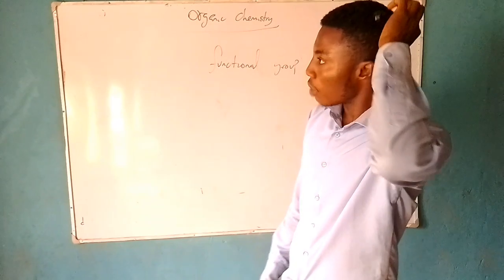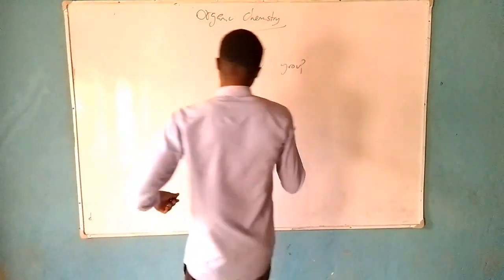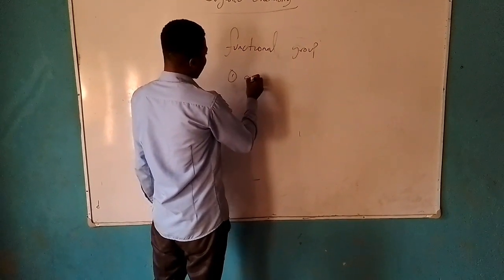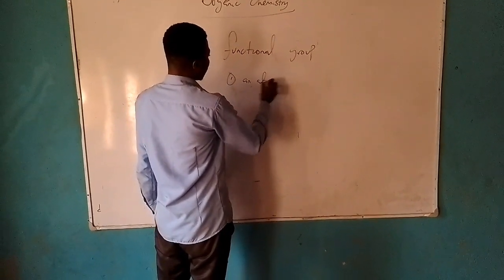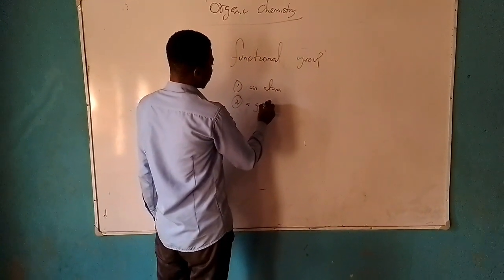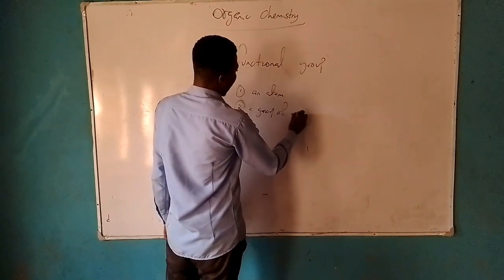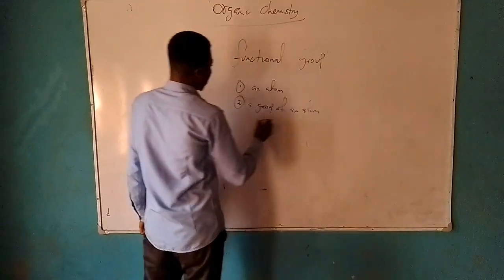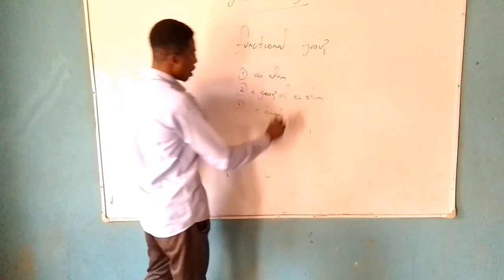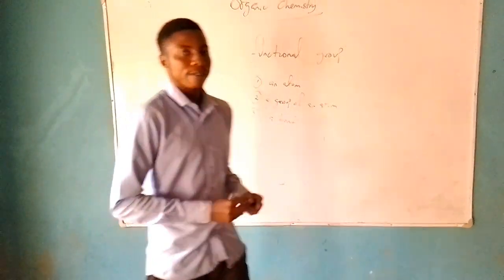A functional group can be one, an atom; two, a group of atoms; three, a bond. I'm going to be explaining these three things.